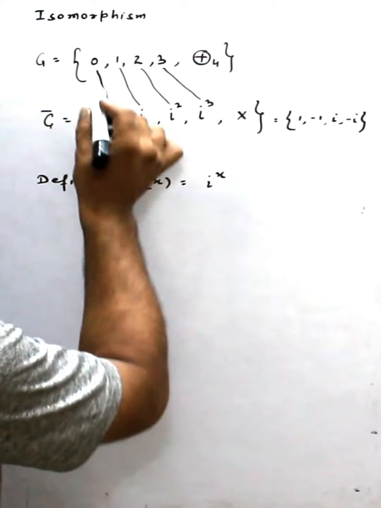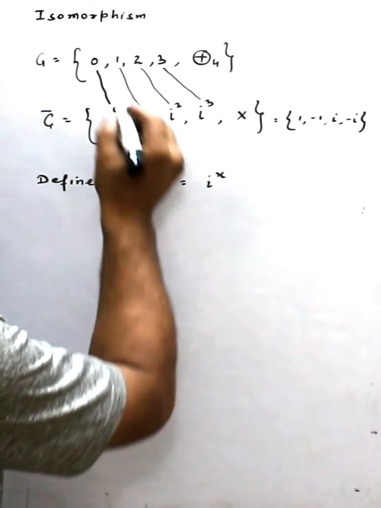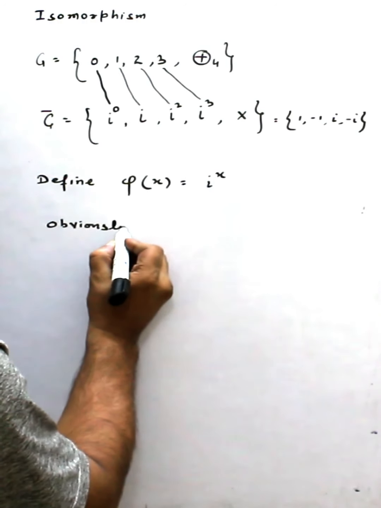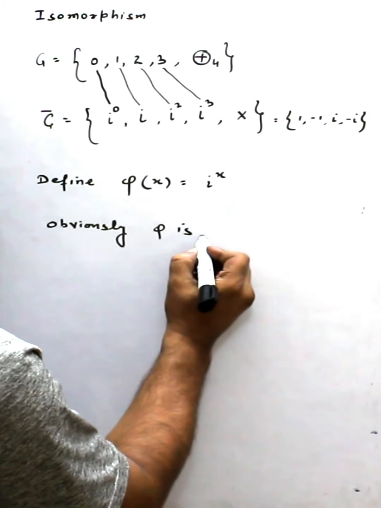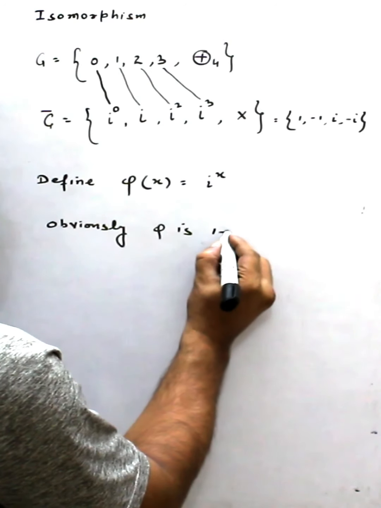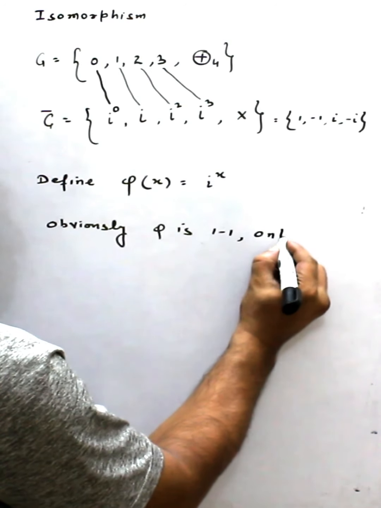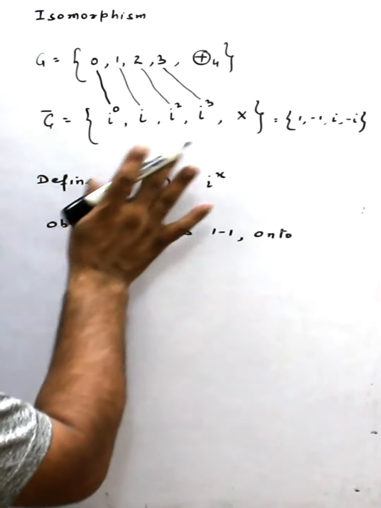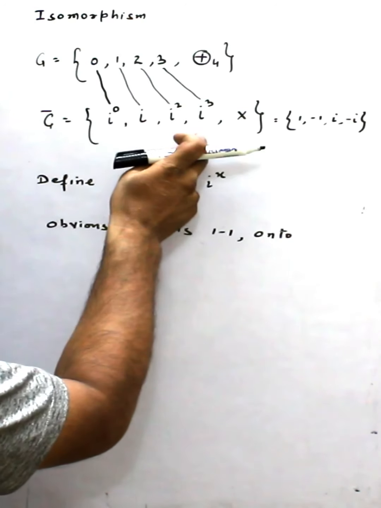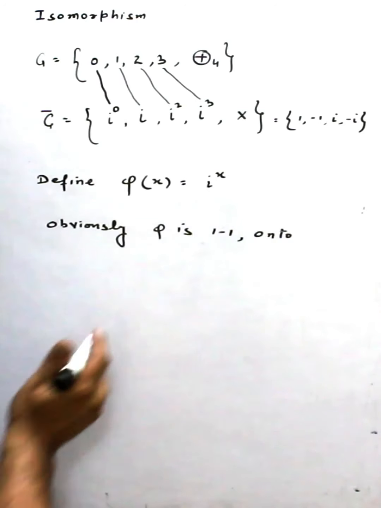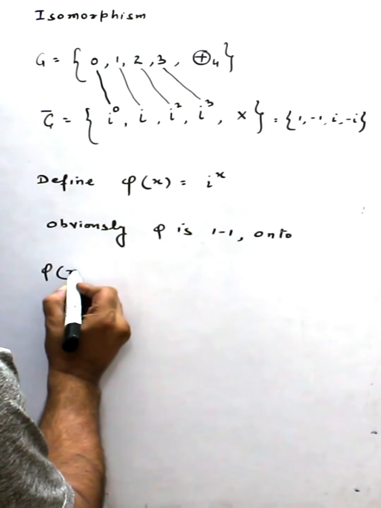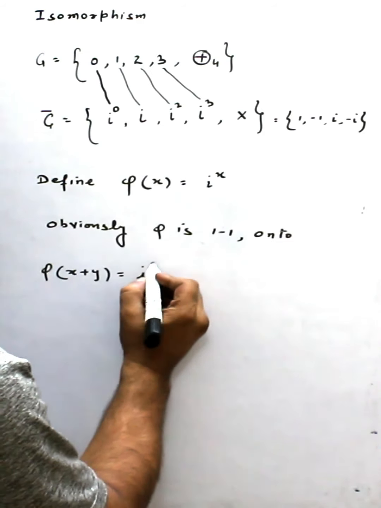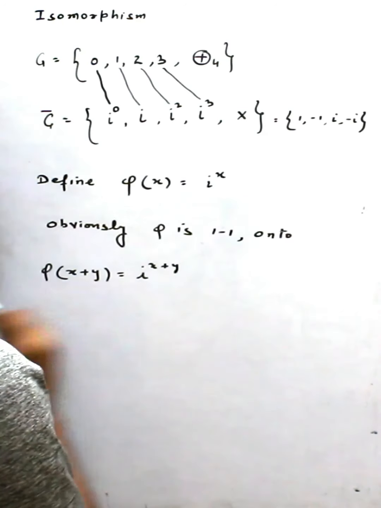So now we check. Obviously phi is 1-1. Phi is 1-1 and onto, because each element has a different image, so it is 1-1, and because no element is there which does not have a pre-image, so it is onto. Now phi(x + y) is equal to i^(x+y), right?